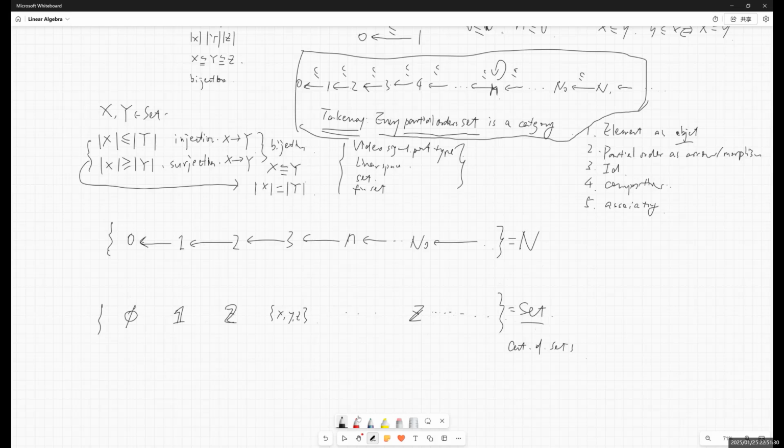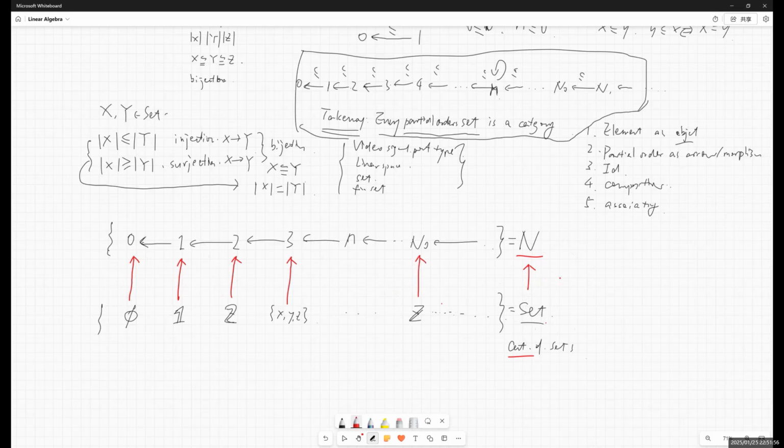And every set has a map from the set into its cardinality. And here is a category, and any partially ordered set is also a category. So there's a map from one category to the other.